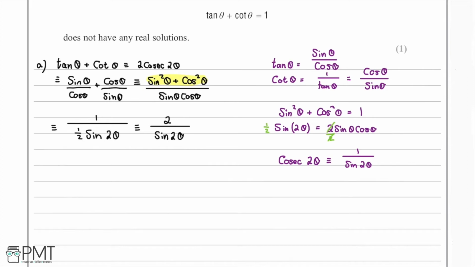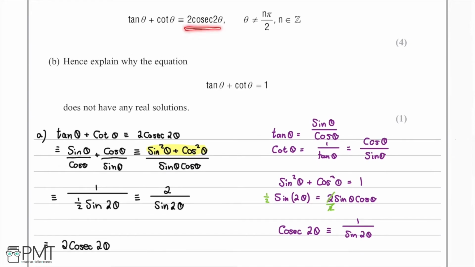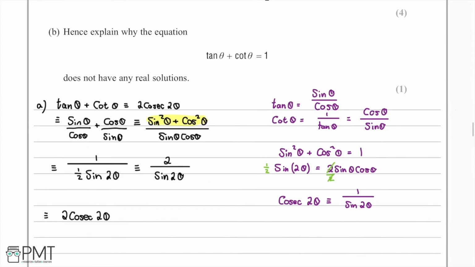and we'll have that is equivalent to 2 cosec 2 theta. And then we'll just double check what we were looking for again. So here we can see in the question 2 cosec 2 theta, and we have 2 cosec 2 theta.